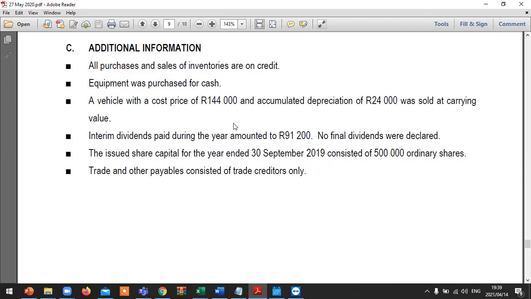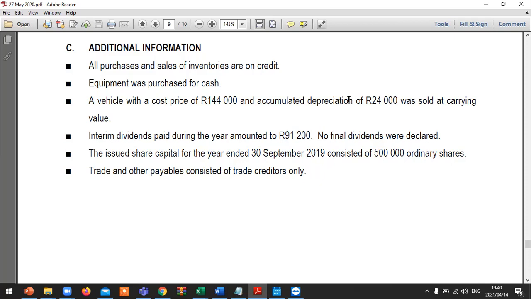So what's the difference? The difference is that depreciation is a sum of all your non-current assets depreciation. But with the accumulated depreciation that you see here, this one is specific because it's for the vehicle that was sold. Accumulated is the total depreciation from the previous year. So this vehicle, it has lost 24,000 rands before it was sold. What is the cost price? It's 144,000.